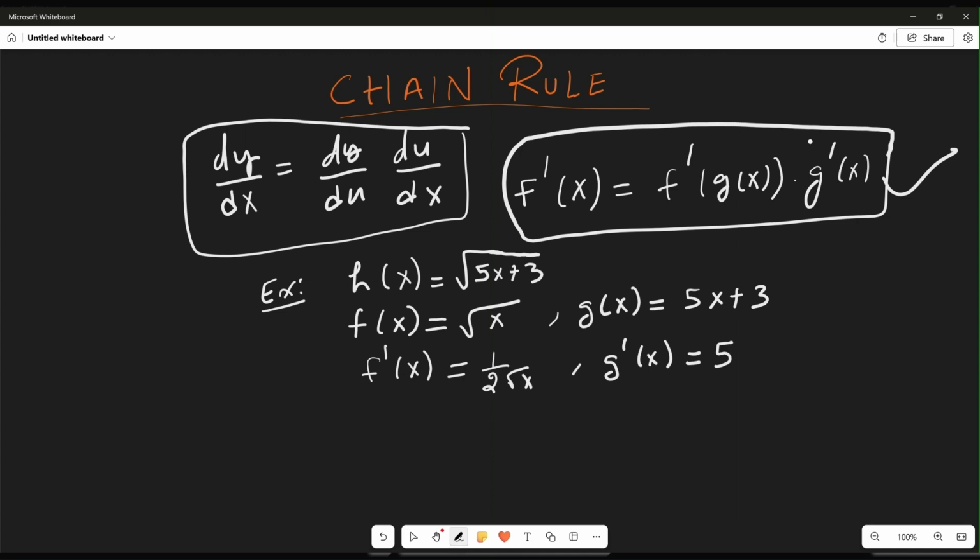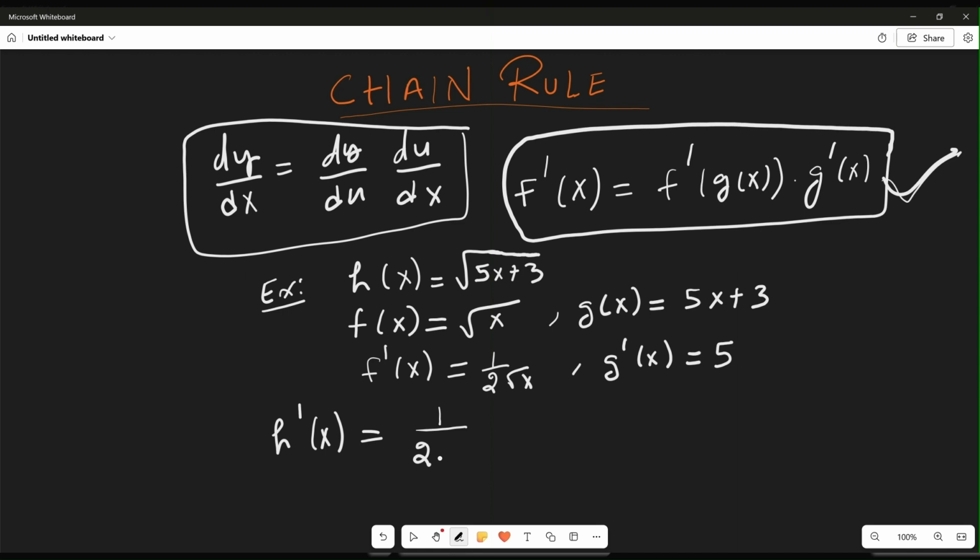So applying this chain rule, we have, derivative of h of x is, applying chain rule, f dash of g of x.